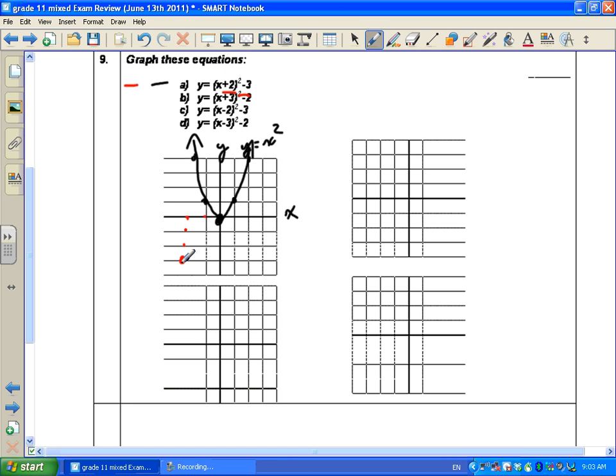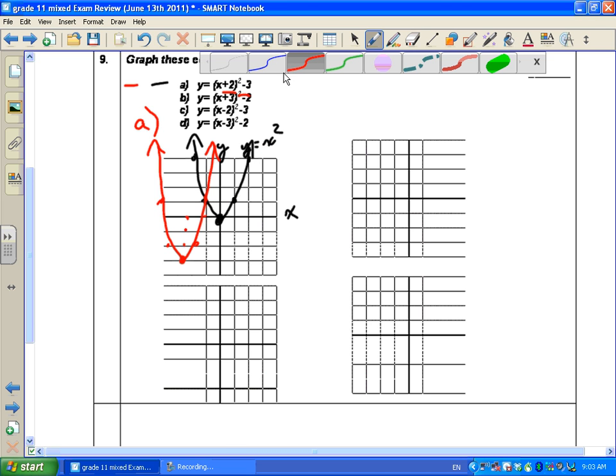Our A is still 1. So it's still over 1, up 1. Over 2, up 4. And it just continues like that. So this is our A. Our red is the A of this equation. So I've already drawn the original.